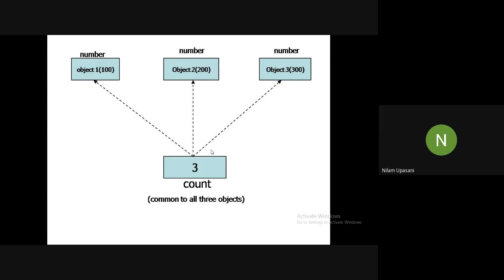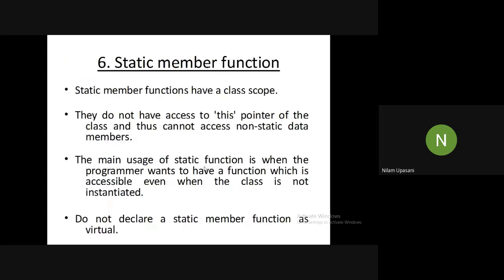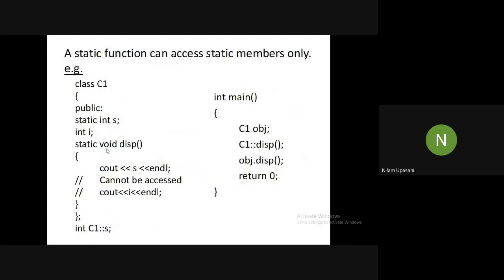A static member is common to all the objects. So in that case, your static functions can access only static data, whereas you cannot access other common members inside a static function. You will get an error if you try to access normal members inside a static function.